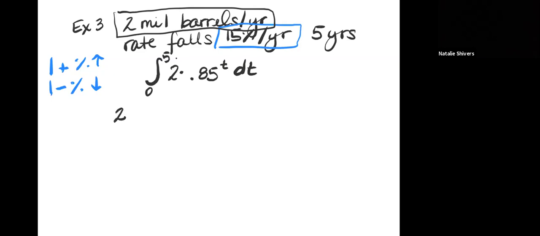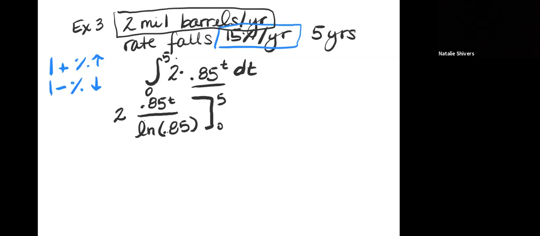We're not going to take any antiderivative of it, but we're going to take the antiderivative here, which gives me what I was going to write, the 0.85 to the t on the top over the natural log of 0.85. Let me put a point there, you can't really see, from 0 to 5.